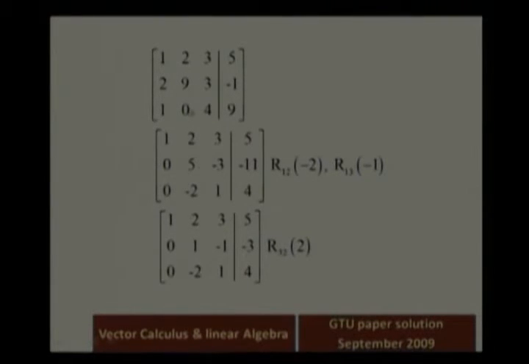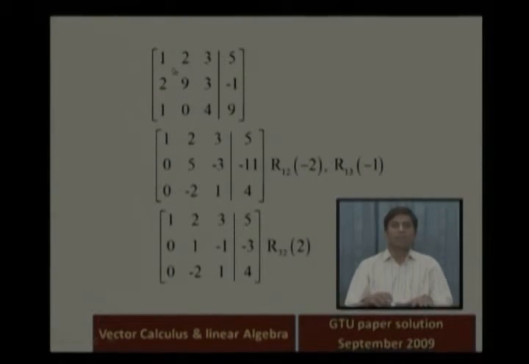Again we have to convert this augmented matrix into row echelon form. So we multiply the first row by -2 and add it to the second row. That is our first process. The first row is as it is. The second row becomes 2 - 2 = 0, 9 - 4 = 5, 3 - 6 = -3, and -1 - 10 = -11.